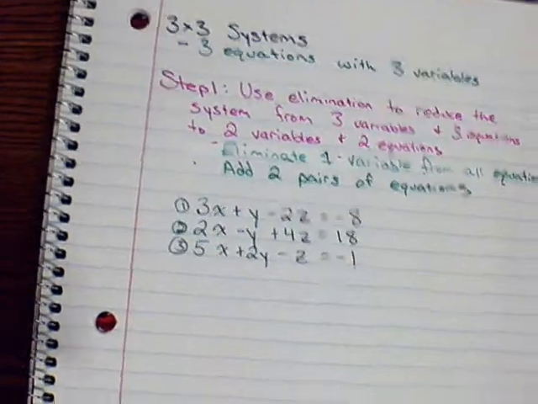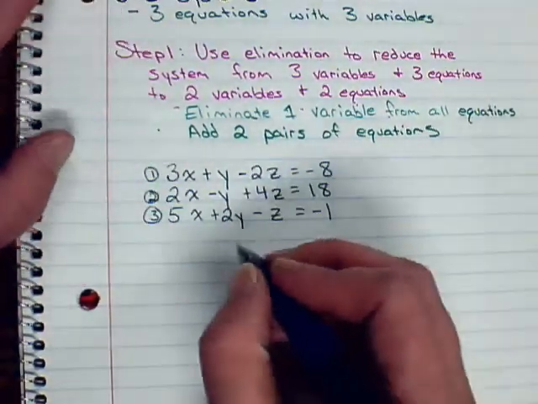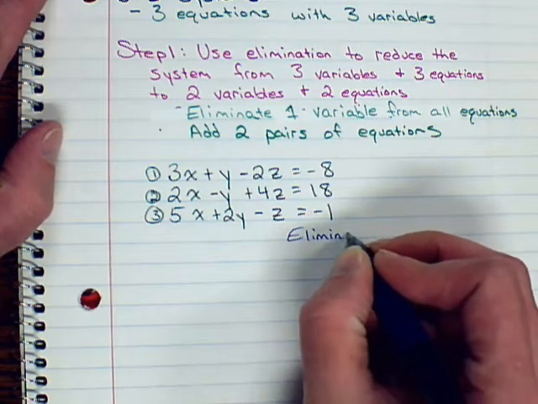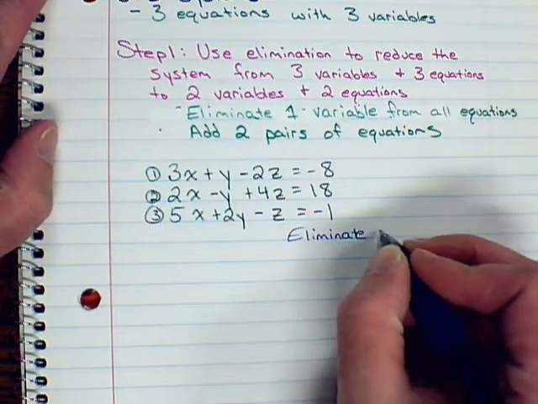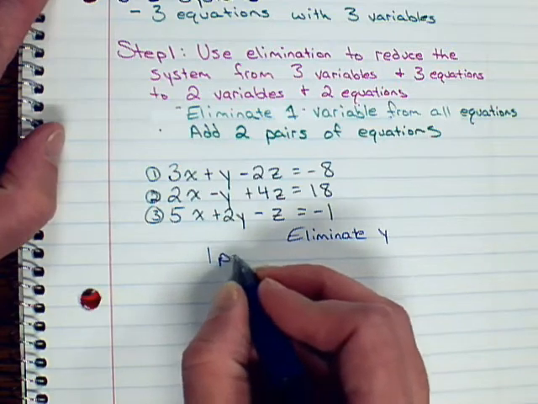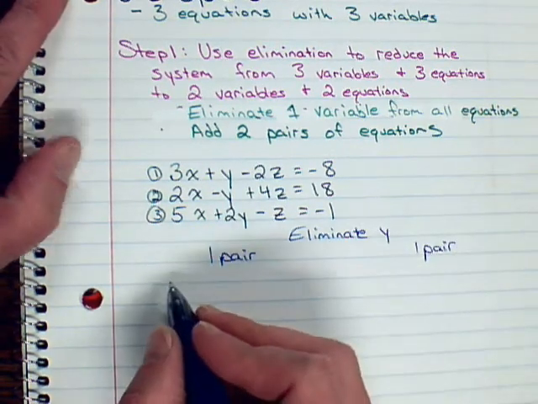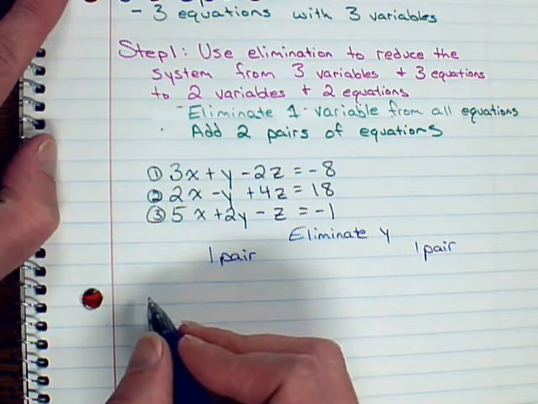So let's try to get rid of good old y. So what we're going to do is eliminate y from 2 different pairs. We've got to have 1 pair over here and 1 pair over here. All right, so a pair of equations. Which one pair looks good to start with?